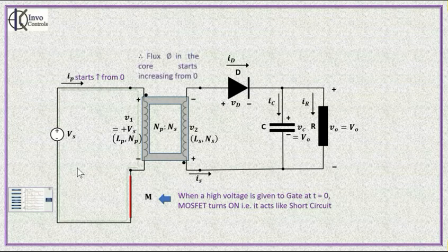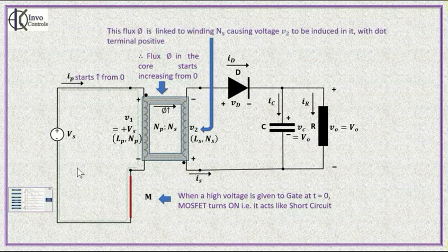Due to this increasing current, the flux phi in the core also starts increasing from 0. This increasing flux is linked to the secondary winding Ns, and hence it induces a voltage V2 in the secondary winding. The polarity of the voltage is as per the dot convention.